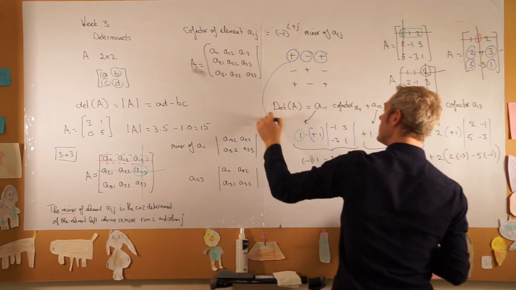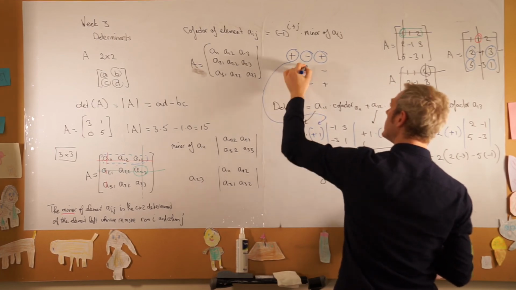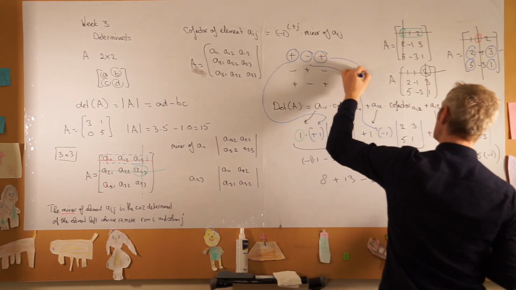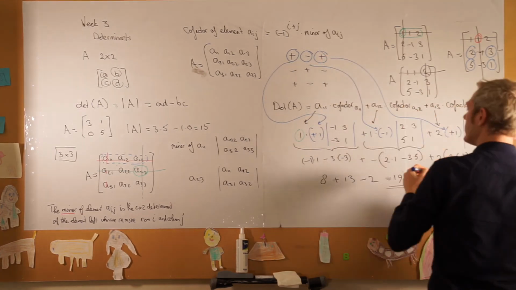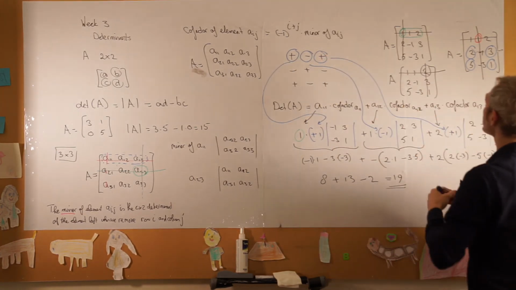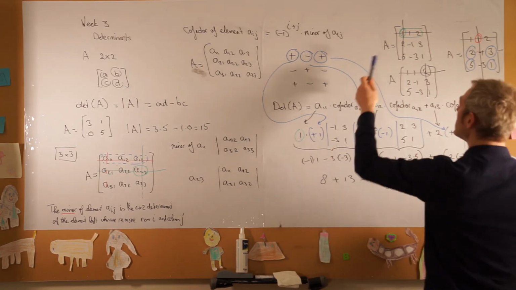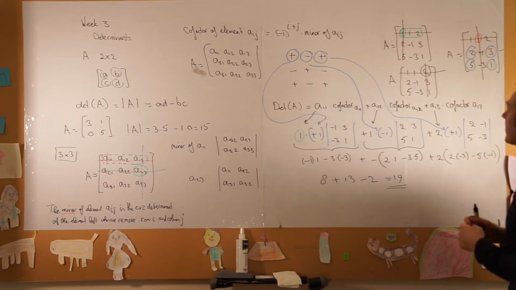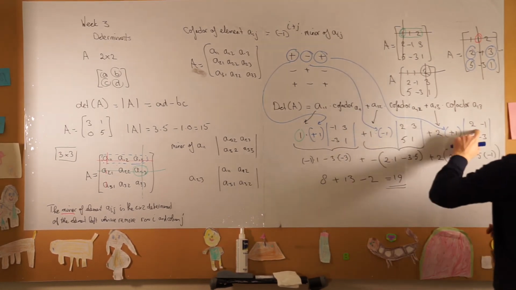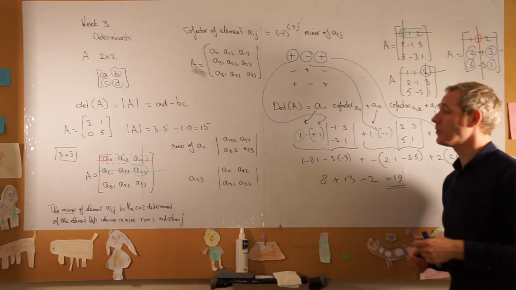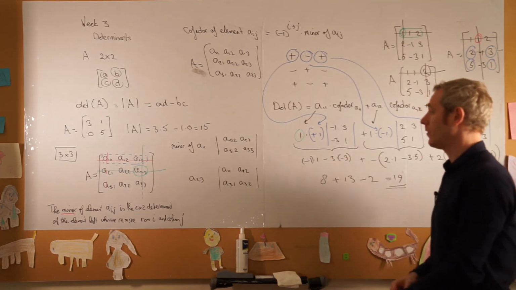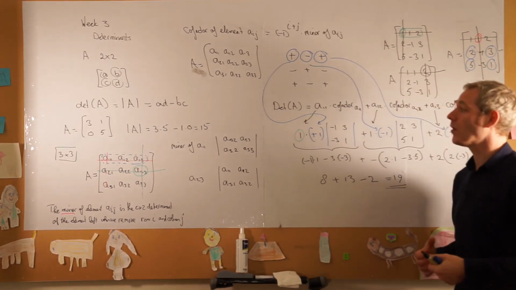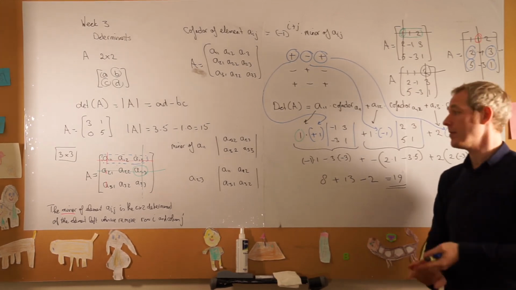So we have the three elements, 1, 1, 2. And so these are the three minors, which are 2 by 2 determinants, and we already know how to solve these. So this is how to calculate the determinant of a 2 by 2 and a 3 by 3 matrix.